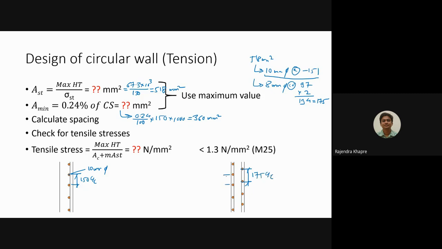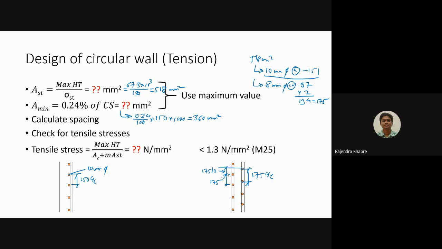This one is also at 175 center to center, but the distance between this and this will be 175 divided by 2. So if you are providing the reinforcement on both the sides, you can divide the spacing. So if you wish, you can provide the reinforcement in this pattern or the pattern given on the right hand side. Both ways possible.